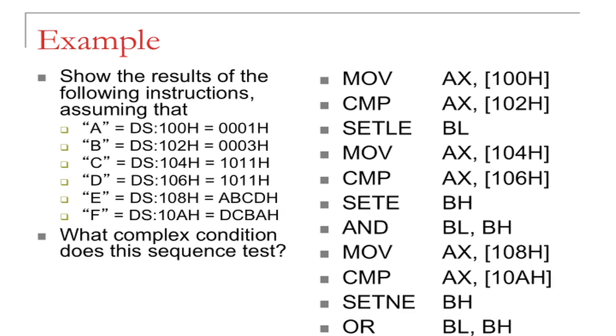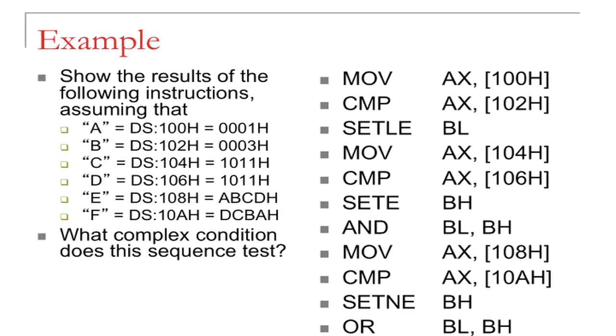Move AX, [108]. So this instruction will put the value of E into AX, and then we do comparison. So this is to do E minus F. Right?